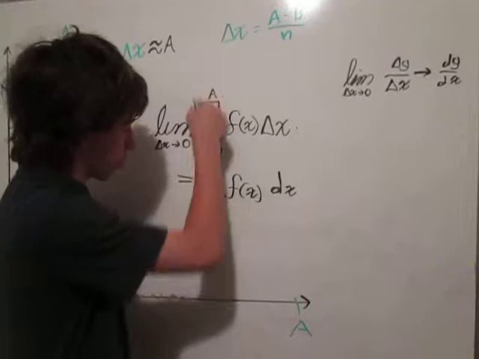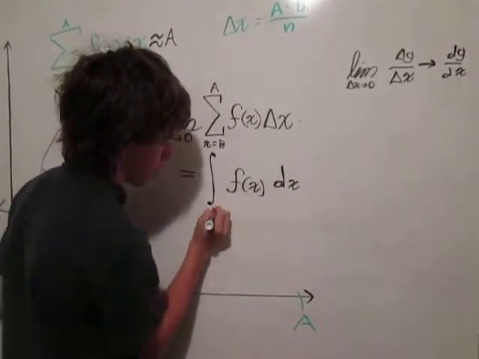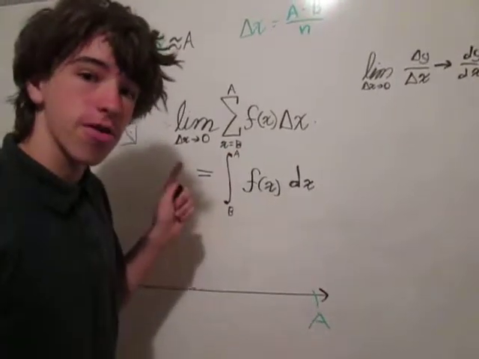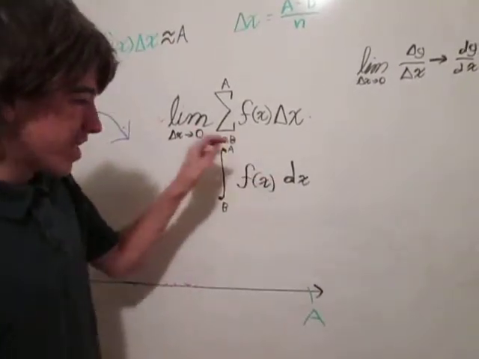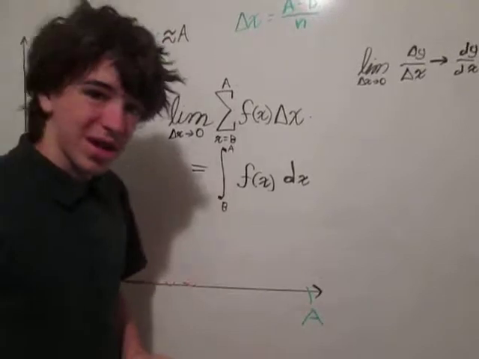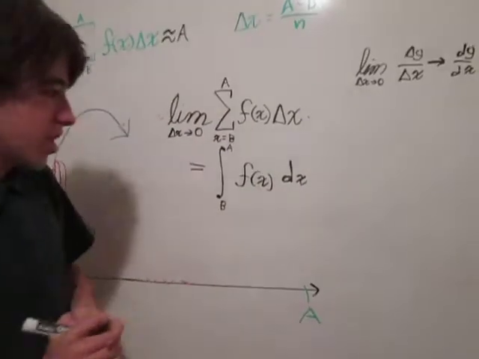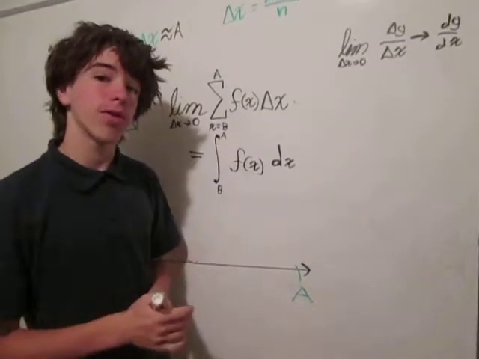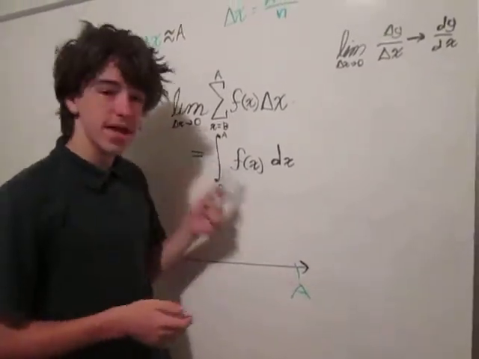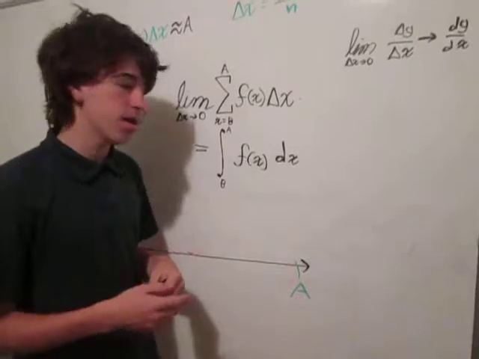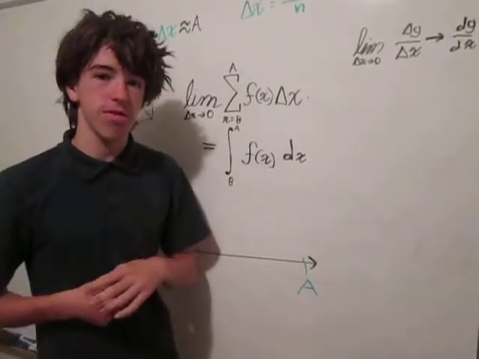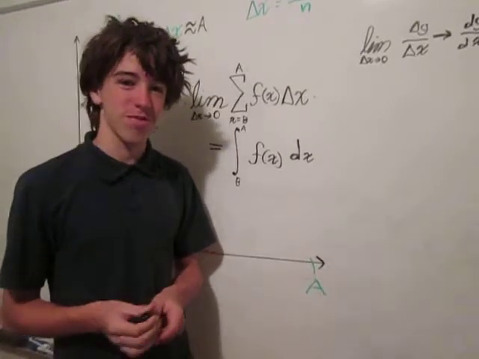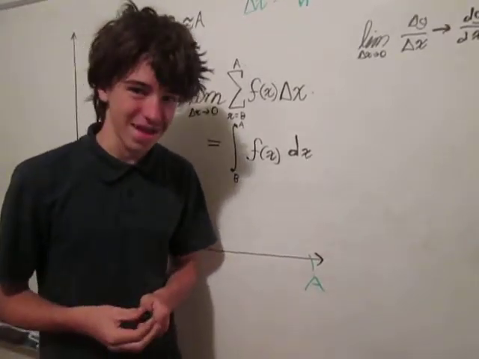And then we can write bounds on this too, except that we just need to write b and a. This is just a fancier sum of an infinite number of tiny things. In this video, I'm not going to describe how you take one of these, but I am going to show you that there is a way to take the area under a curve, and that this can be useful in all kinds of things, including making geometric proofs really, really easy.